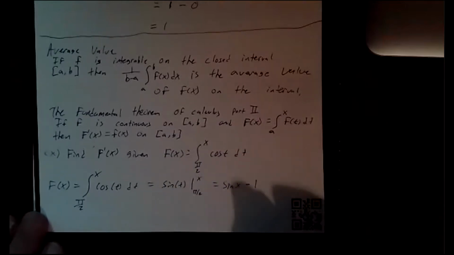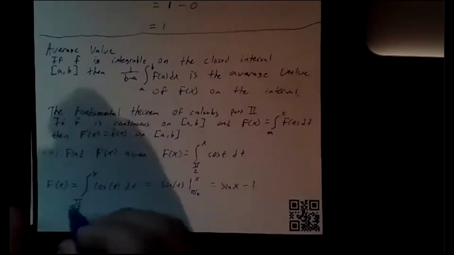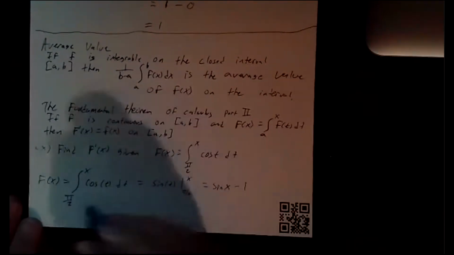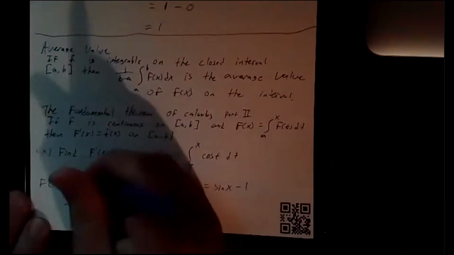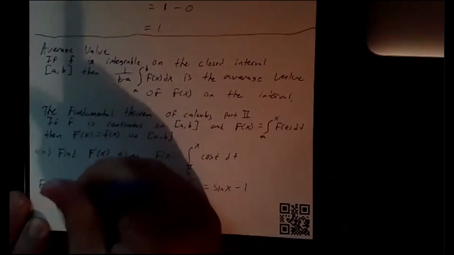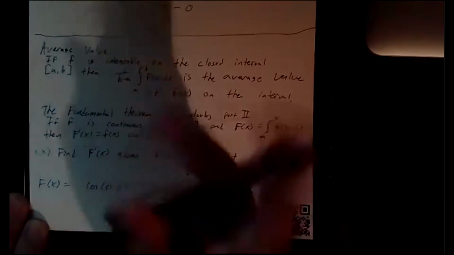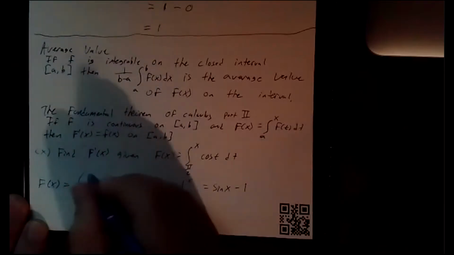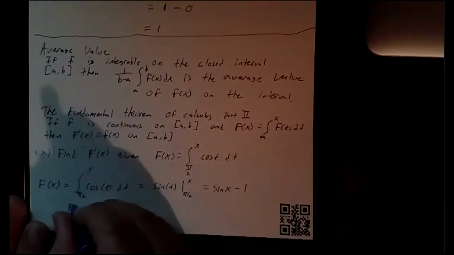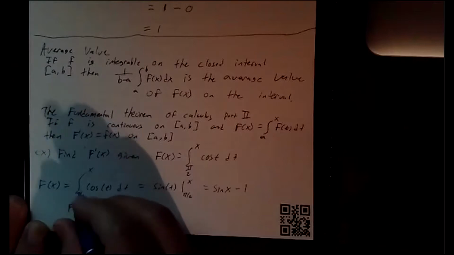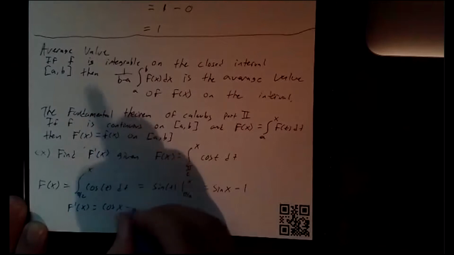So if this is capital F, then F prime of x would be equal to cosine x minus 0, right?